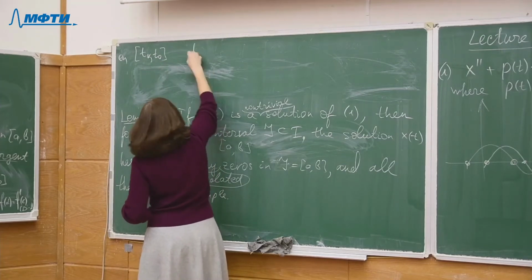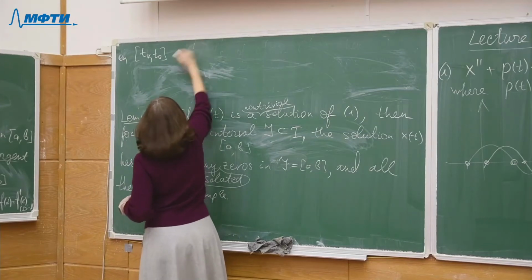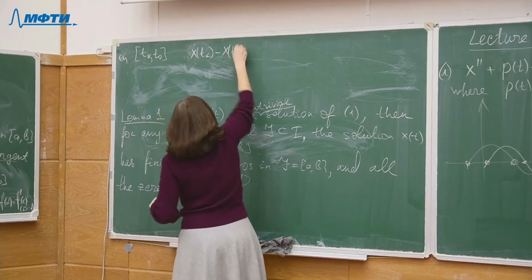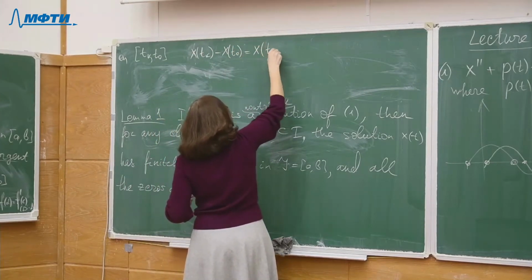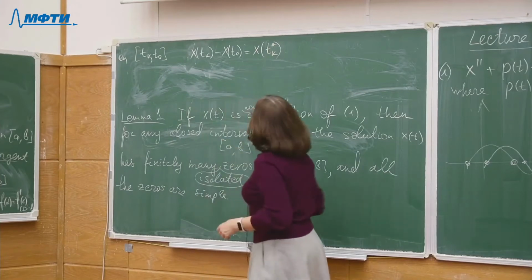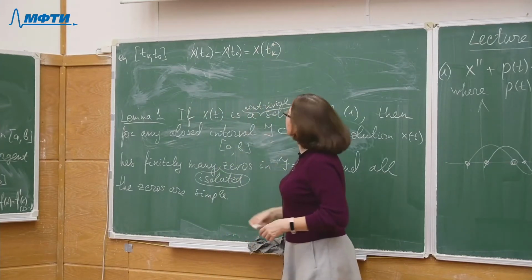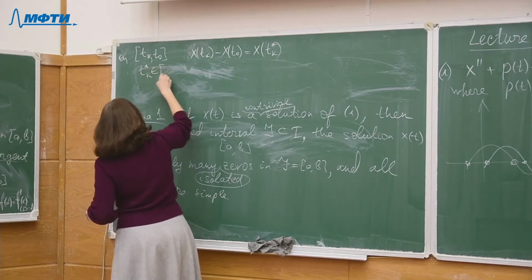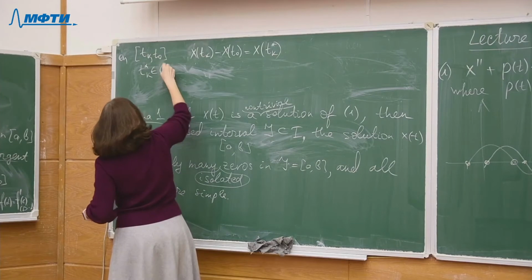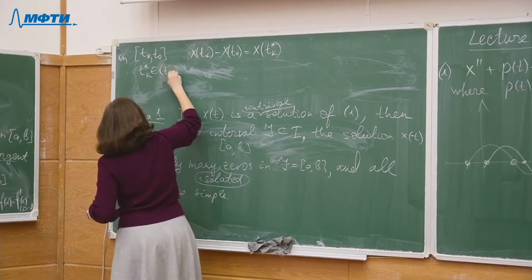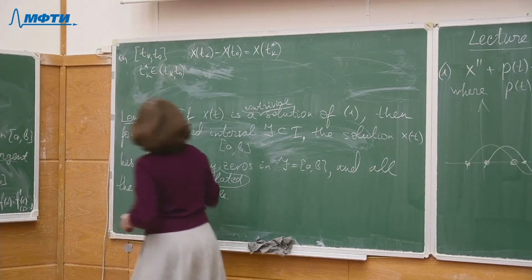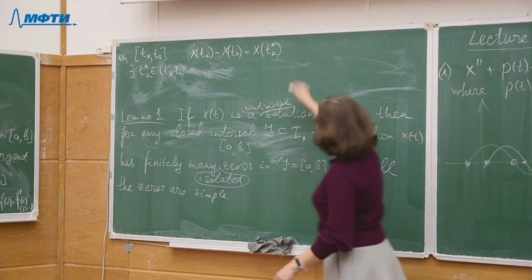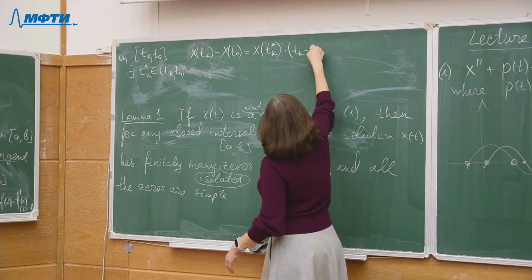We see that x of tk minus x of t0 equals x prime of tk asterisk, at some point tk asterisk in the segment tk, t0, times tk minus t0.